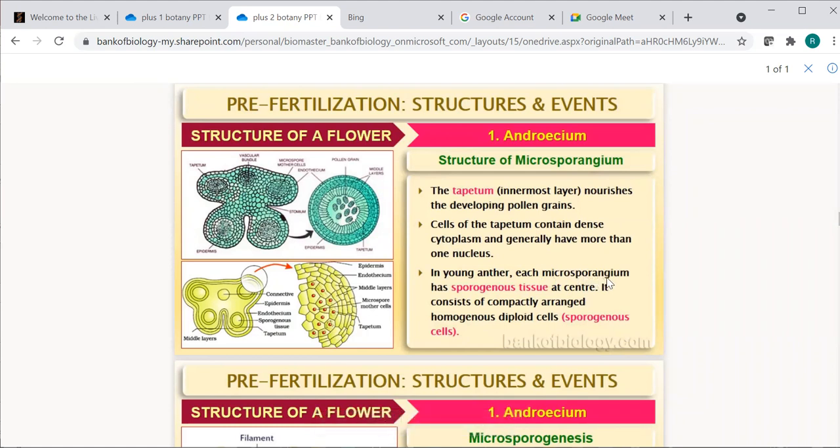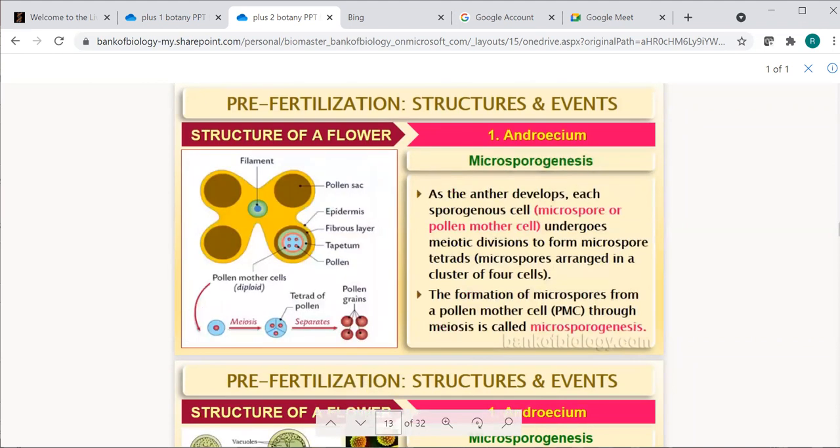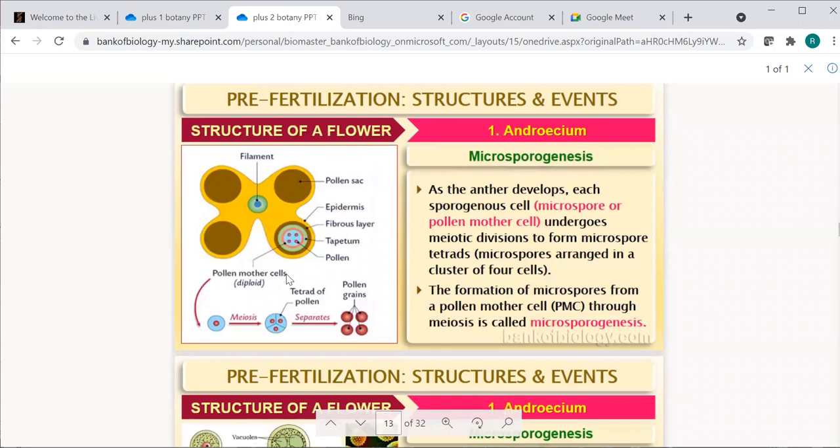Each microsporangium has sporogenous tissue at the center. It is arranged in homogeneous diploid cells. So as the anther develops, each sporogenous cell undergoes meiotic divisions to form microspore tetrads.